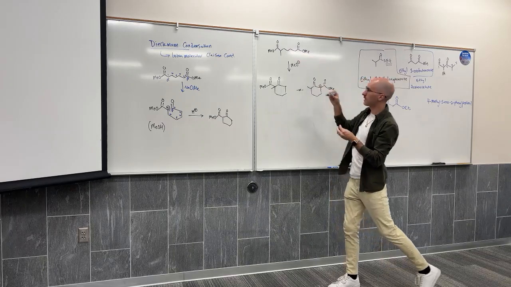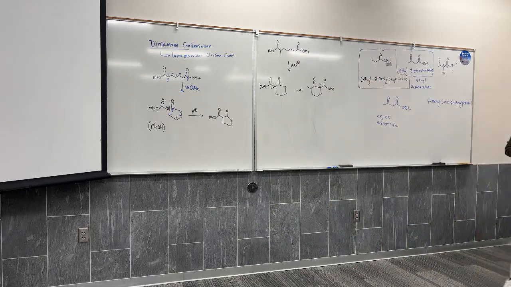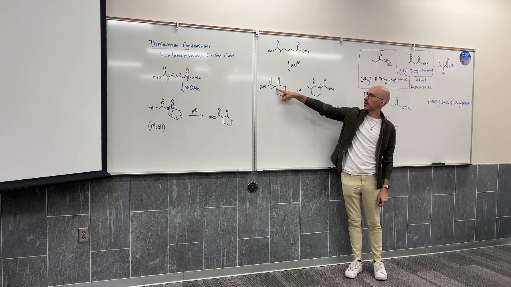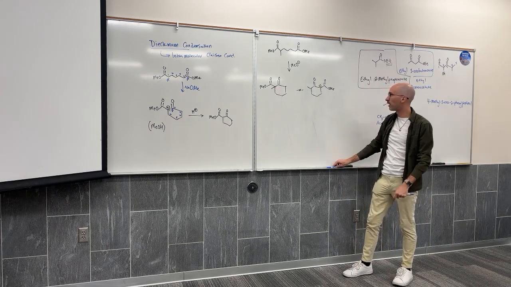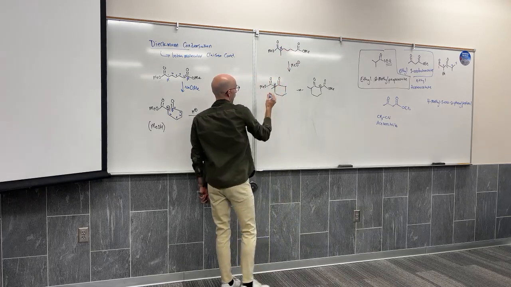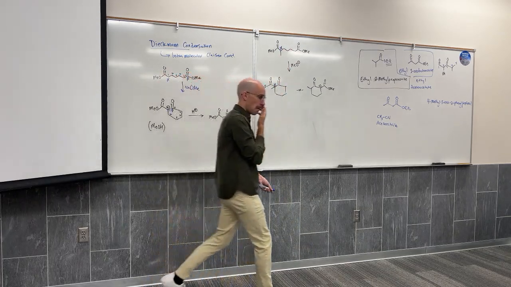Notice the difference here is that one of the alpha positions has another methyl group on it. So the product on the left forms when that more substituted alpha acts as the nucleophile.